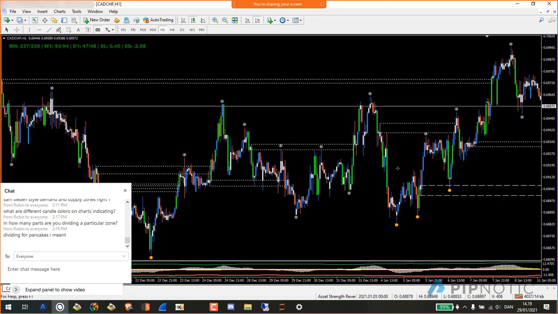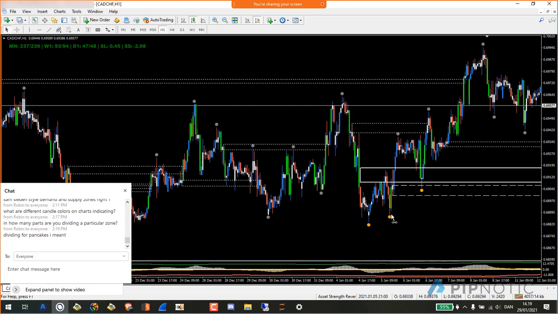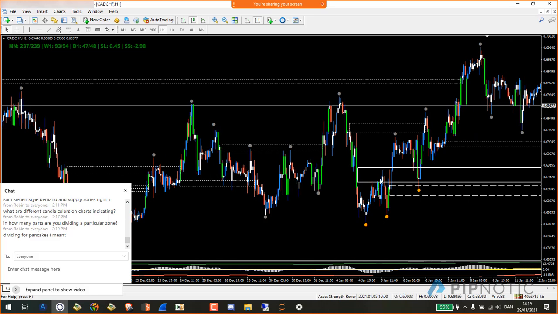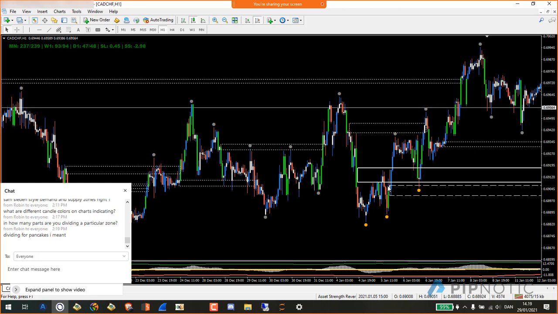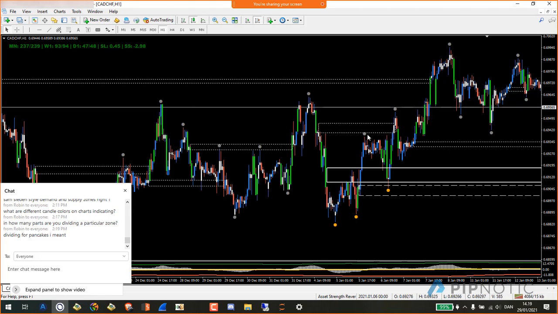We can't see what it is because it's on a small time frame, so I'll refer to this as micro supply because we can't see it on the current time frame. And you can see it was tested once, twice. It went this deep, a little bit deeper, a little bit deeper, and price came all the way back. Then it rallied. We started to paint white candles just below it, and then when price left, it tore through it. It really tore through it with conviction.